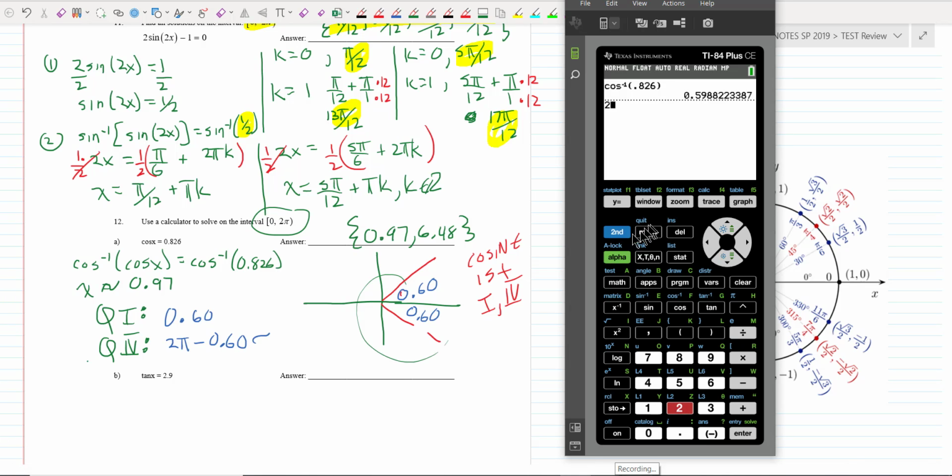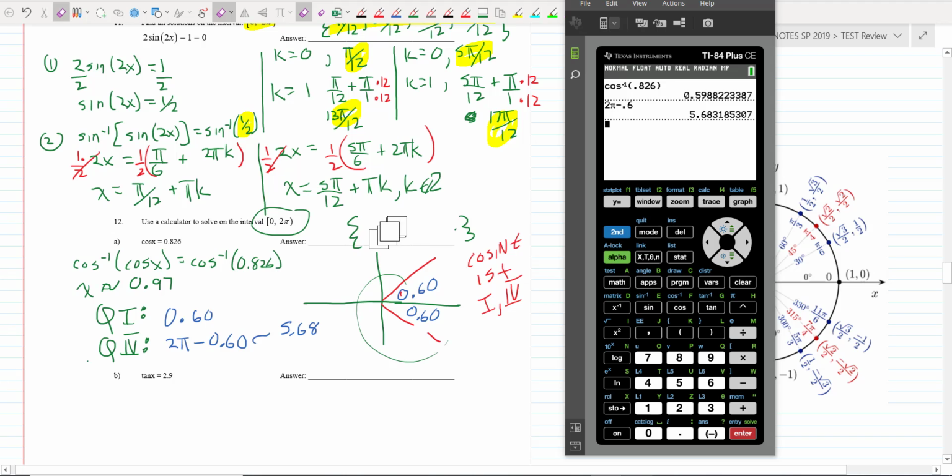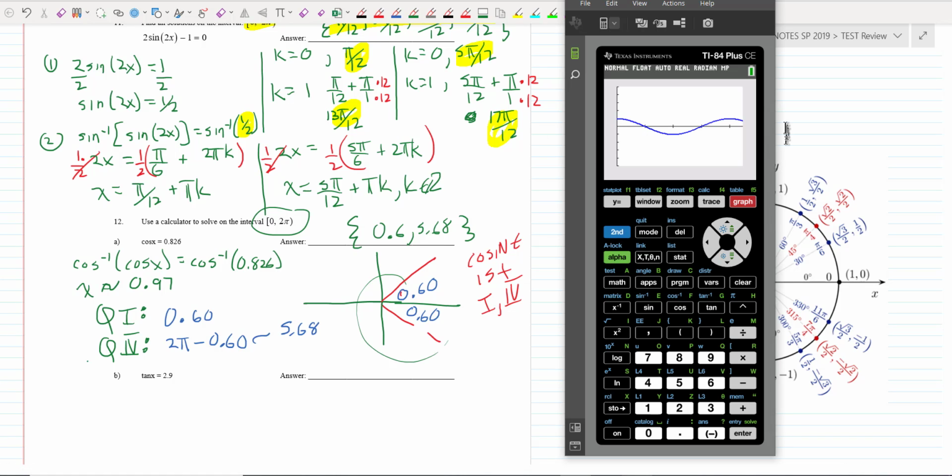Now we'll check it and verify it on the calculator. So 2 pi minus 0.6 gives the other answer, which is about 5.68. Okay, let's see if that's better. I essentially solved the problem for sine of x. So we have 0.6 and 5.68. Now let's graph. This is the cosine graph.